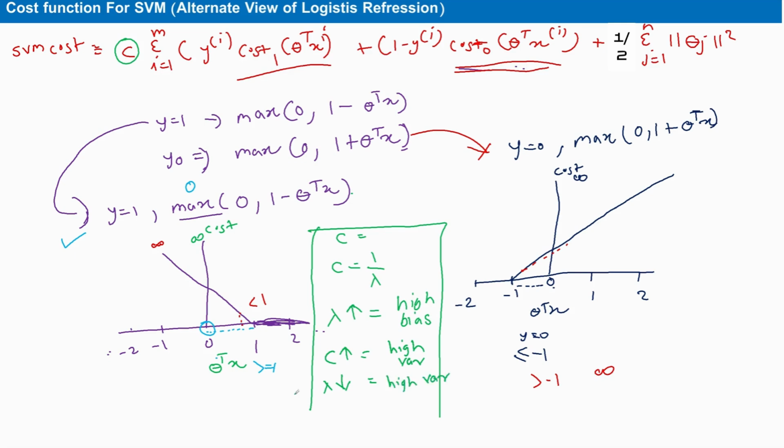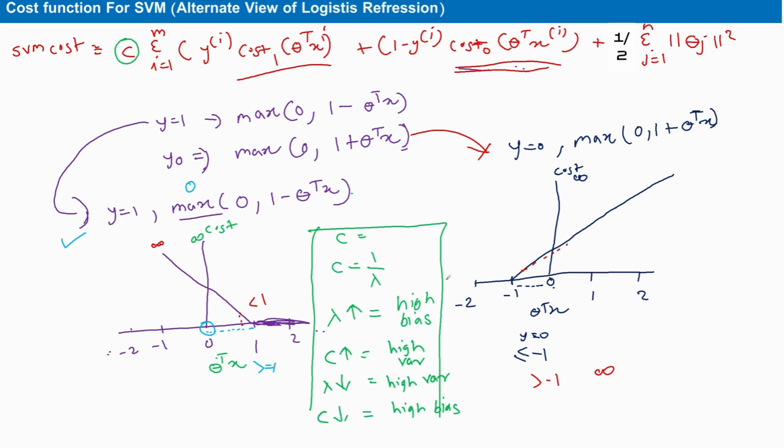But in the case of the SVM, if your C parameter value is very low, then you will face the problem of high bias. It is inversely proportional, so you can see the reverse effect. So these are the things with respect to the SVM cost function. I hope you understood this well.